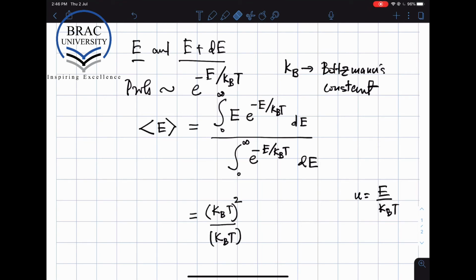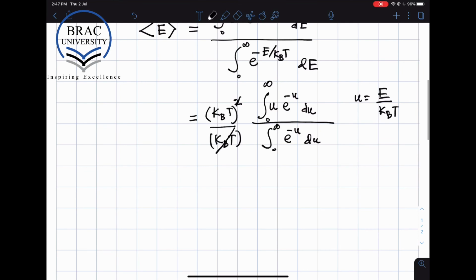Once you do that, you get the integral from 0 to infinity of u e to the power minus u du, divided by the integral from 0 to infinity of e to the power minus u du.